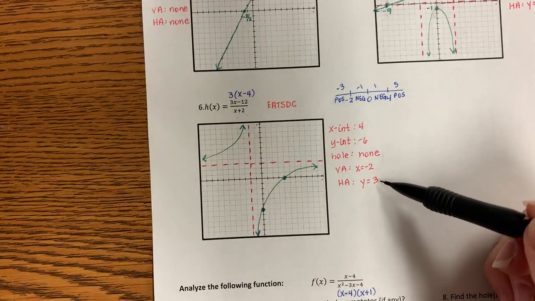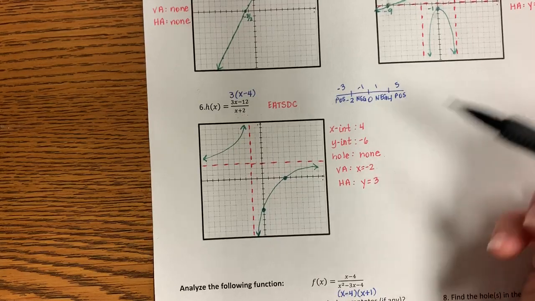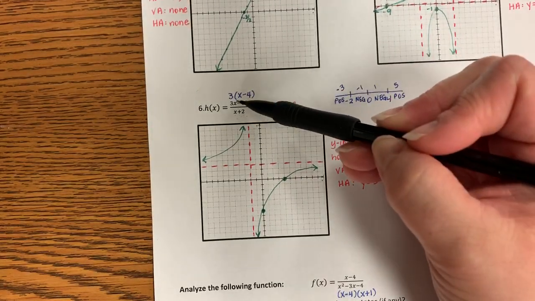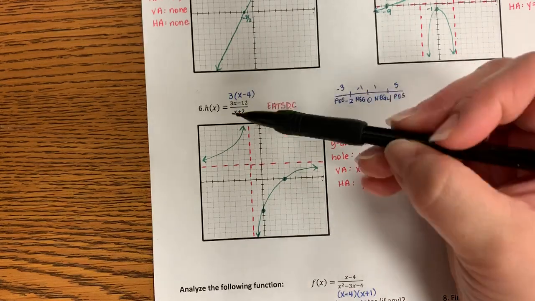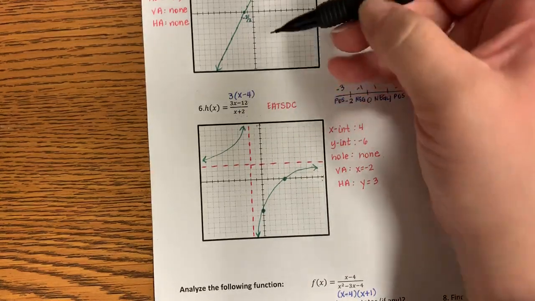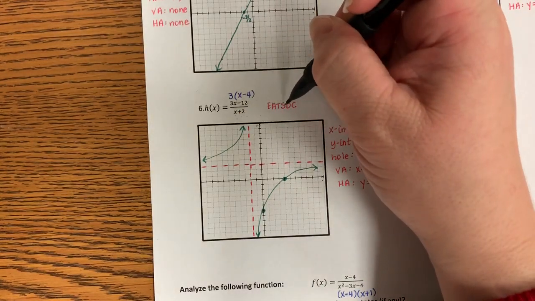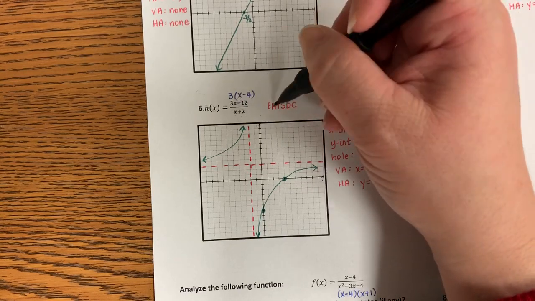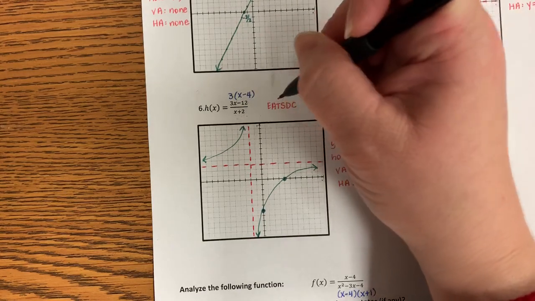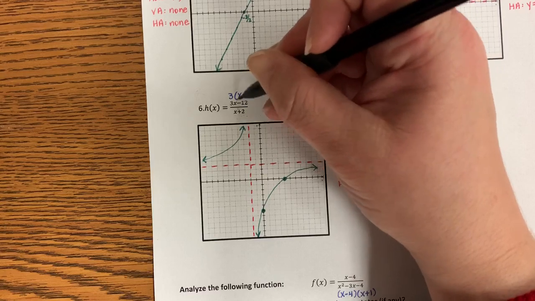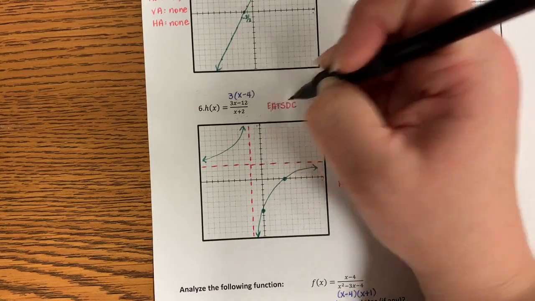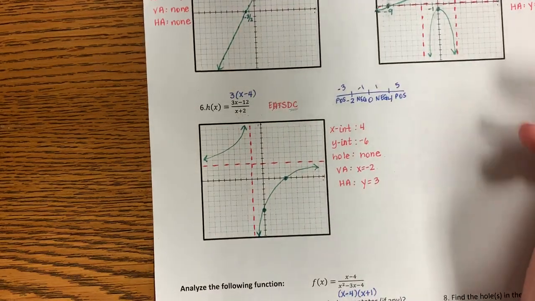And then for the horizontal asymptote, we're going to look at the rule, and we have a degree of 1 and a degree of 1. So they are the same. What does this stand for? I know it's about the degree. I'm going to move on. But I do remember that DC is divide coefficients.